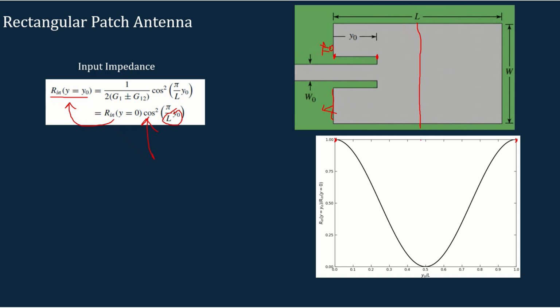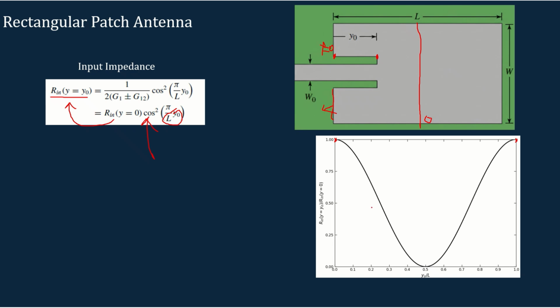Here you can see that the impedance at this position will be 0. So if you feed at this position, the impedance will be 0, and here the impedance is maximum. So there will be some position in between where the impedance will have the value of 50 ohm. That is the value we have to find out.